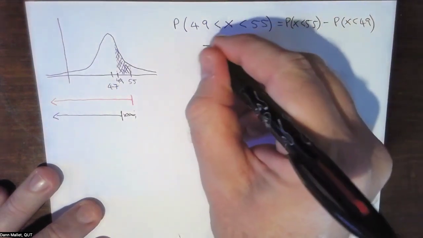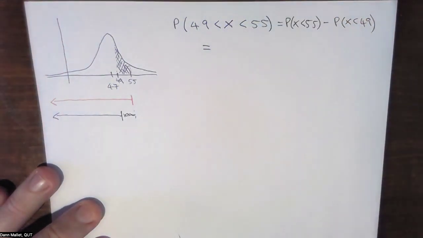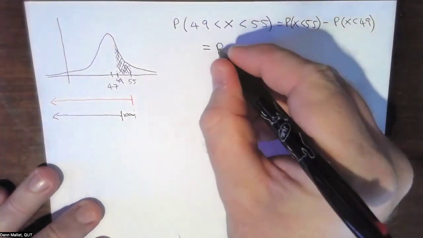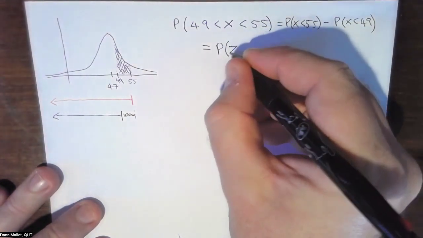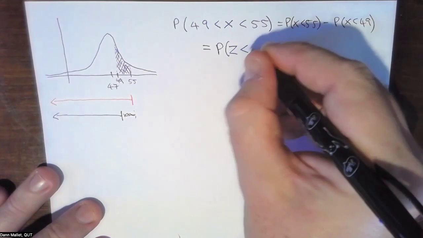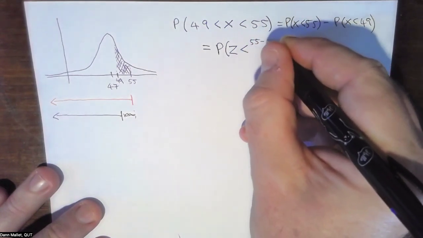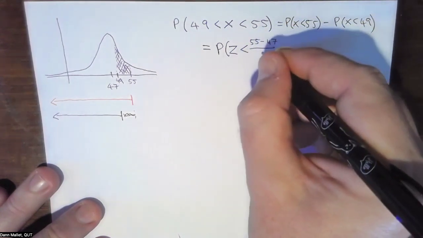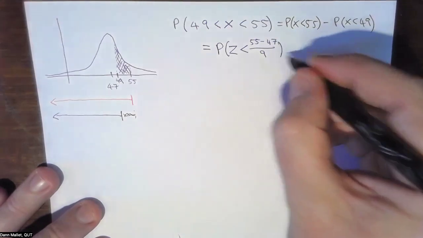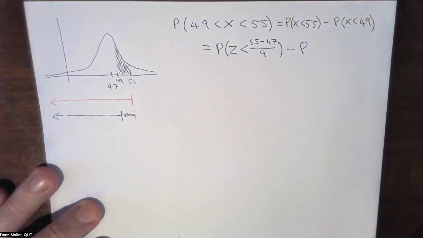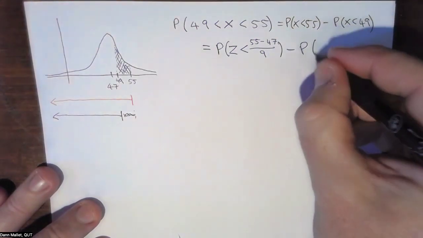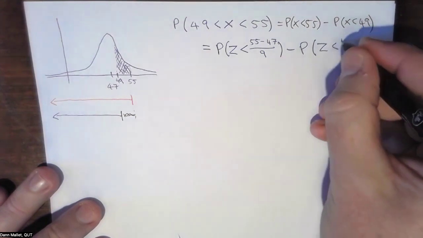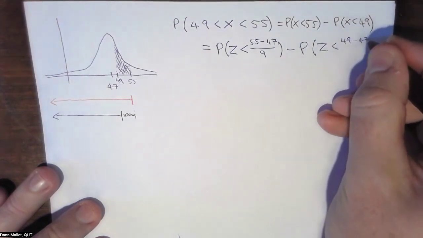All we need to do is transform them into standardized form. So we'll have the probability that z is less than 55 minus the mean 47 divided by standard deviation of 9. And the same for x of 49 will become z less than 49 minus 47 over 9.